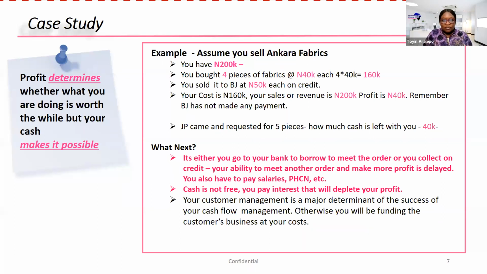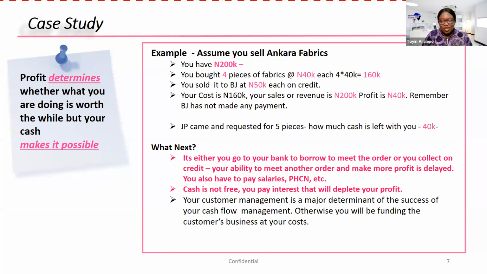So what is going to happen? Remember, we spoke about profit and cash, and I'm going to differentiate between profit and cash right now. BJ has made a profit of 40,000, 200,000 less 160 cost of the fabrics. There's profit already, but can he fulfill the next order from JP? Can he fulfill the next order?